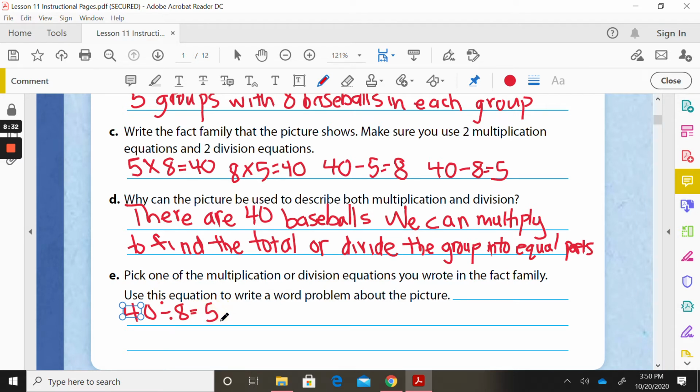That's the one I'm going to pick. And I am going to write a word problem about it. And here's my word problem. There are 40 baseballs in 8 buckets.